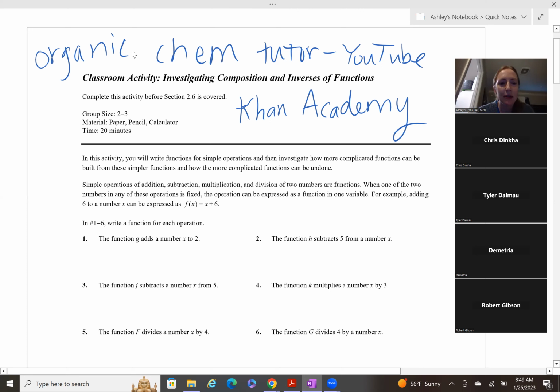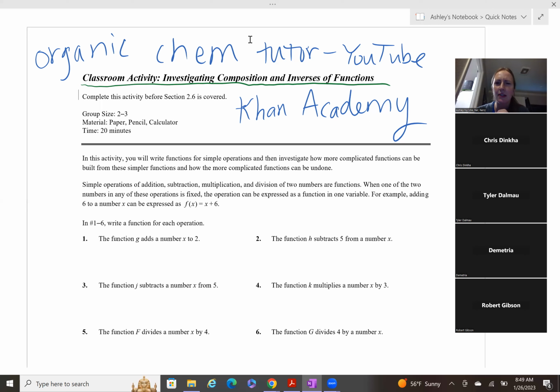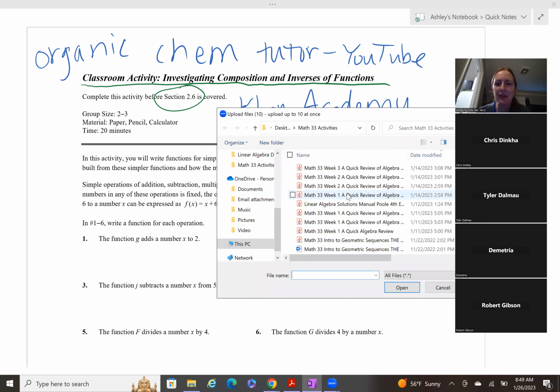This one, we're going to talk about investigating composition and inverse functions. What does that mean, and what is the background behind it? In Math 111, when we do section 2.6, you might have already done it if you're ahead, we only have time to say here's how you do this process, but not really the why.